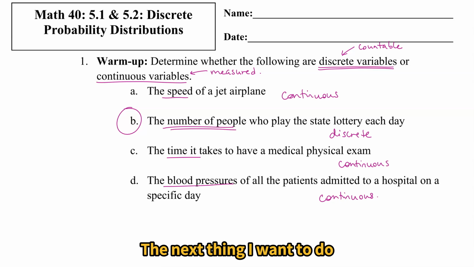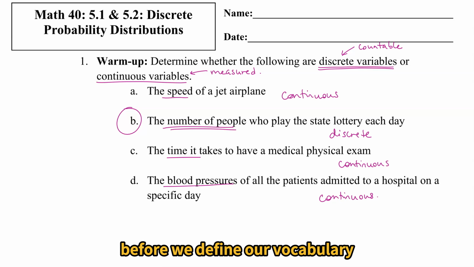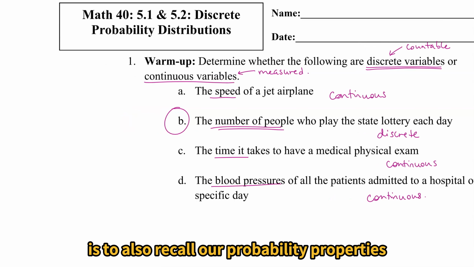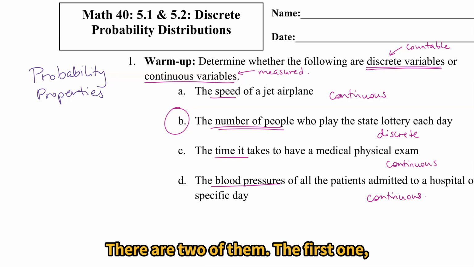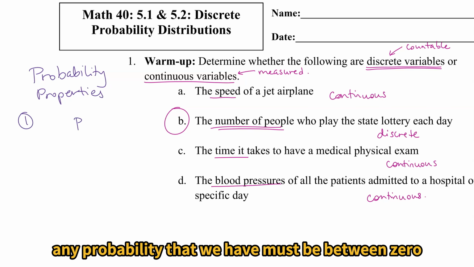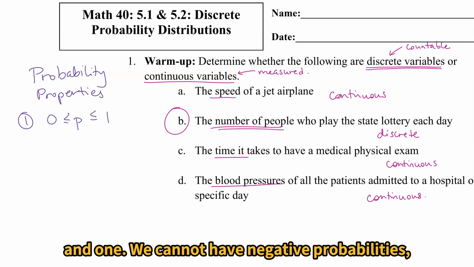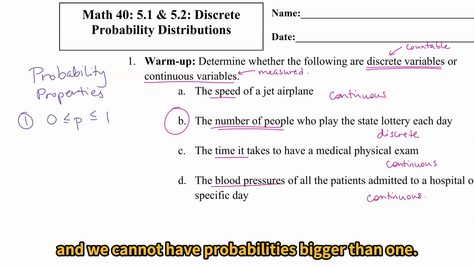The next thing I want to do before we define our vocabulary words for this section is to also recall our probability properties that we got in chapter 4. There are 2 of them. The first one, any probability that we have must be between 0 and 1. We cannot have negative probabilities and we cannot have probabilities bigger than 1.